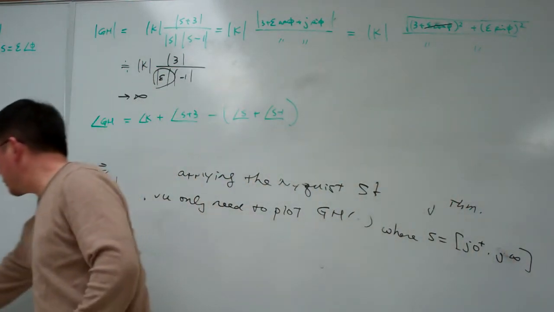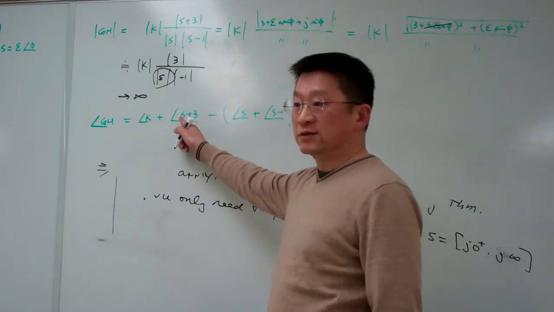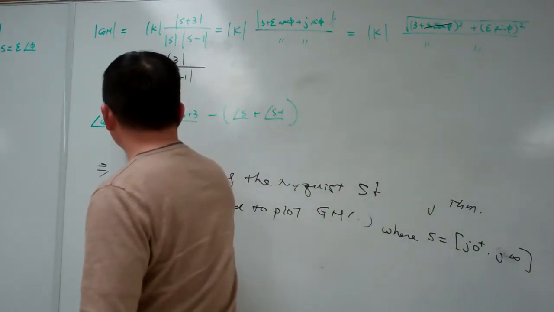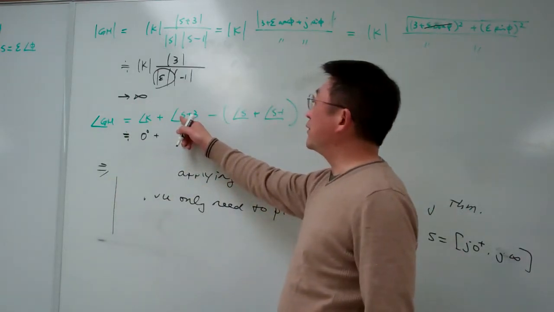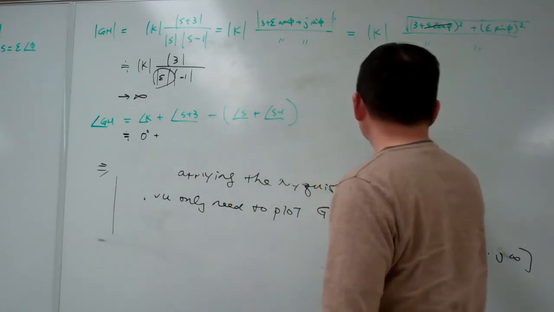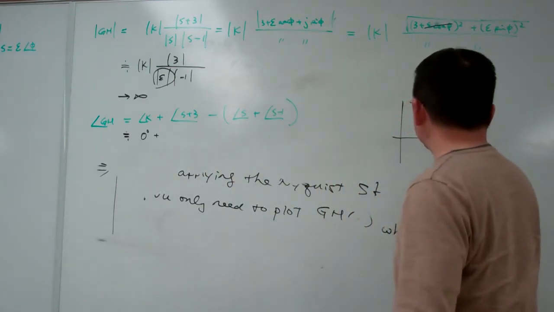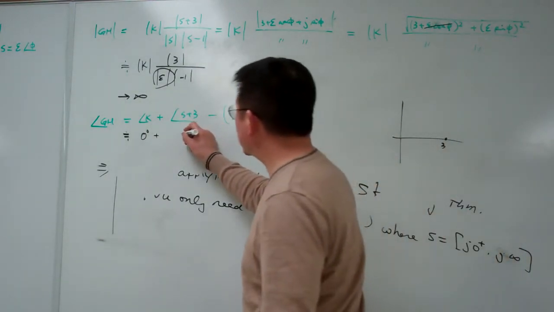Now, again, we know s is a very small complex number. So basically here we can approximate this one as 0 degrees. S is a very, very small complex number plus a big real number, so the point should be around 3. So this number is 0 degrees.